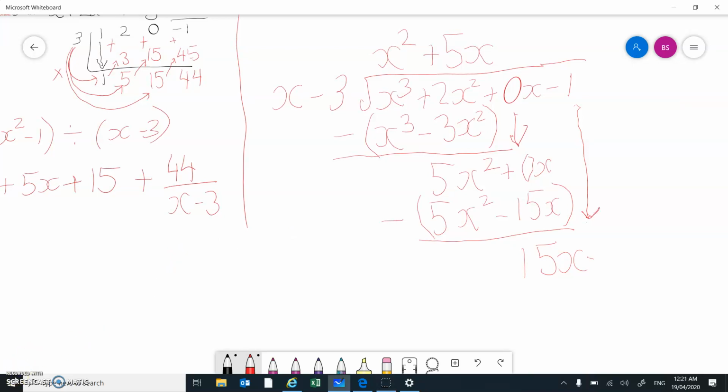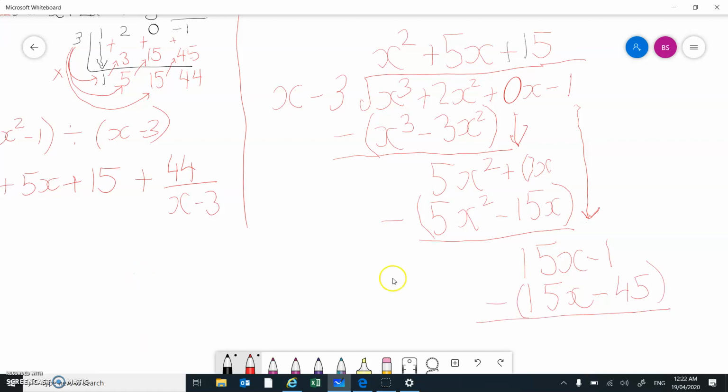And we say 15x divided by x is positive 15, and then we do our check. 15 times x gives us 15x, and then 15 times minus 3 gives us minus 45. Put that all in a bracket.